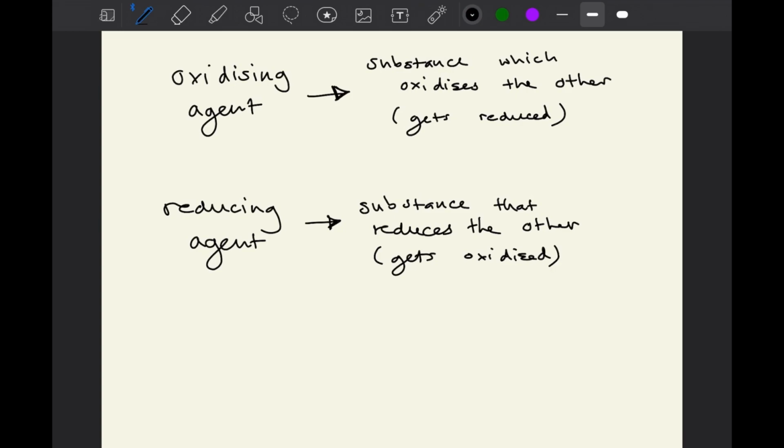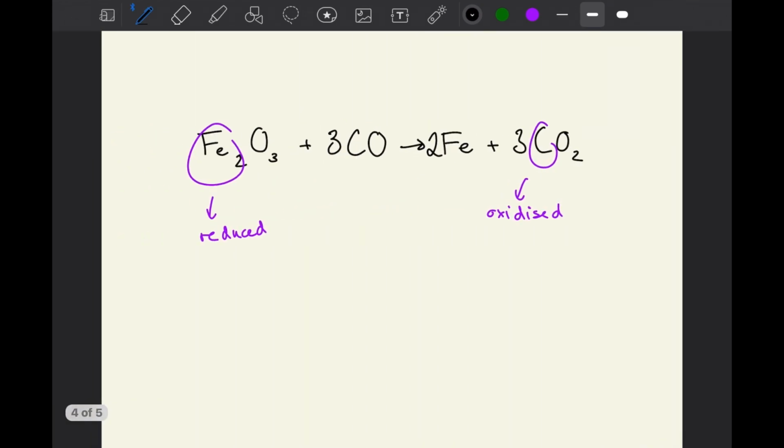If the substance reduces the other, which causes a loss of oxygen, that means that the substance itself gains oxygen, so it gets oxidized. So going back to our example, I encourage you to figure out for yourself what here is the reducing agent and what here is the oxidizing agent.